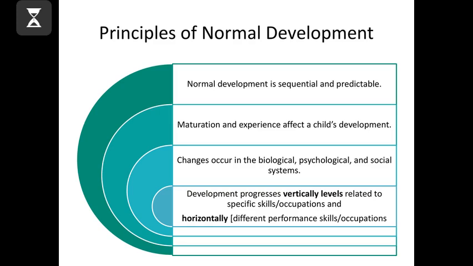So, vertical direction is within a specific performance area or a specific area of occupation. Horizontal development is in several different performance skill areas or occupations. I hope that makes sense. If not, reach out.